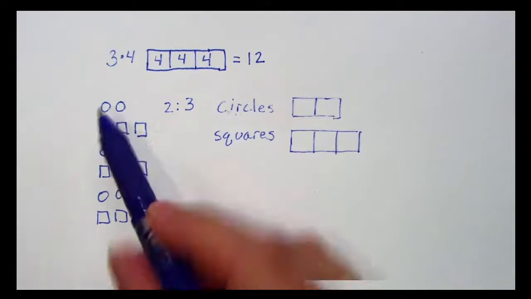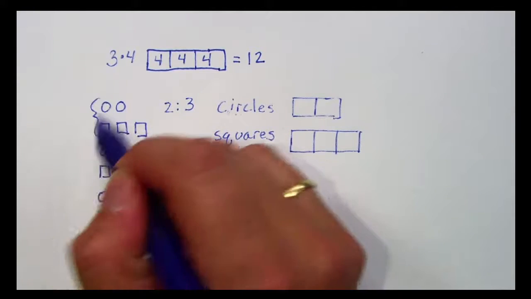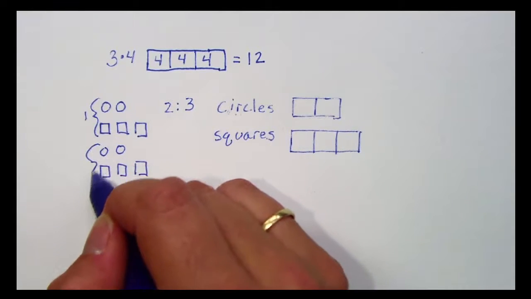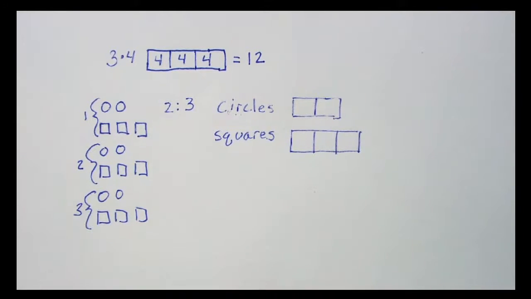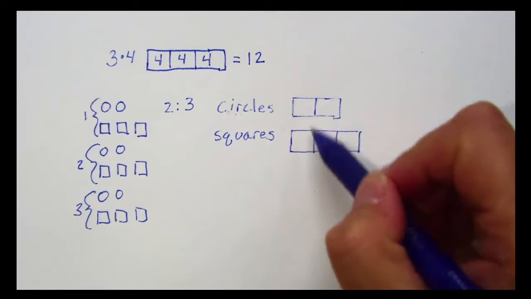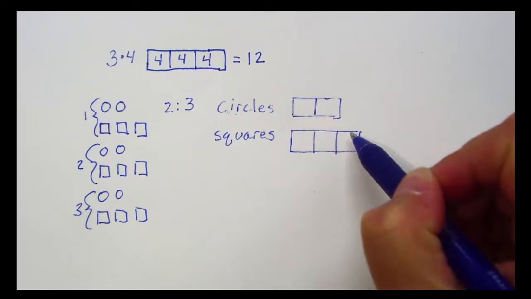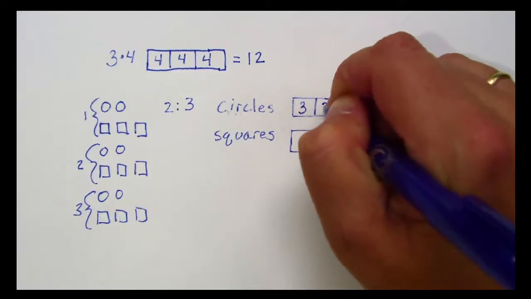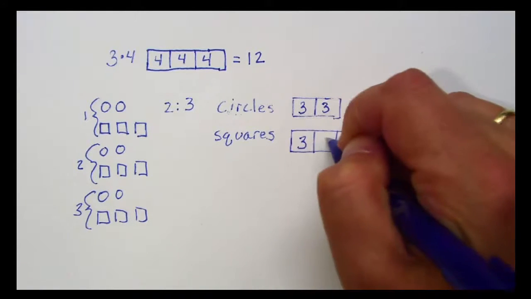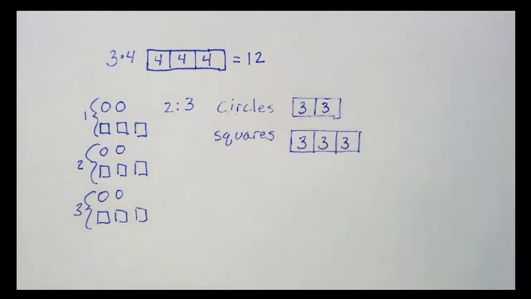Because I have 3 groups, here's one group, here's another group, here's my third group, then each of the boxes on my tape diagram is going to represent 3. So I'll put a 3 in each box, because I have 3 groups of 2 circles and 3 squares.